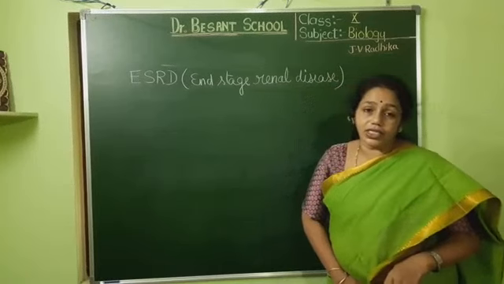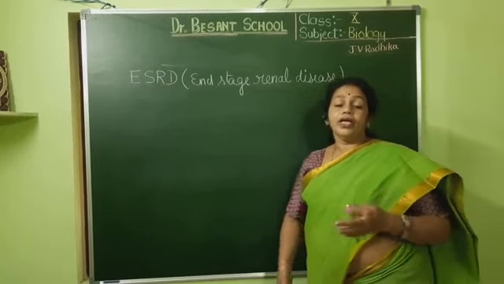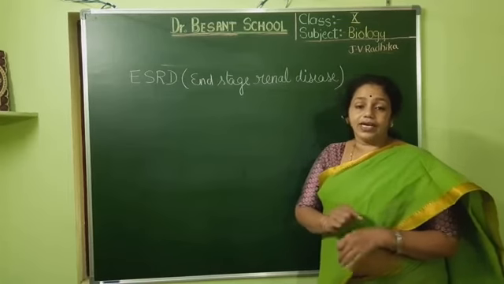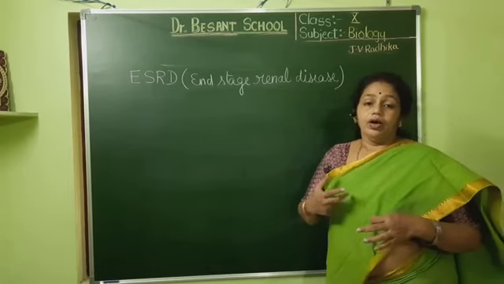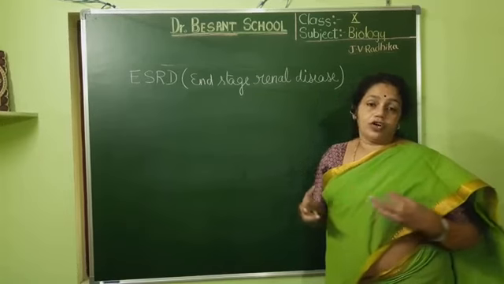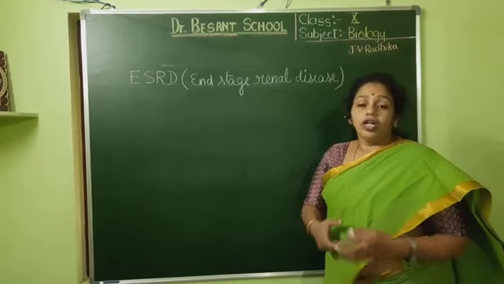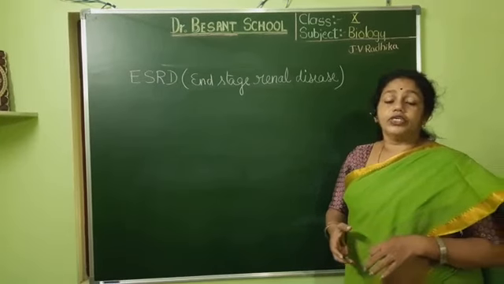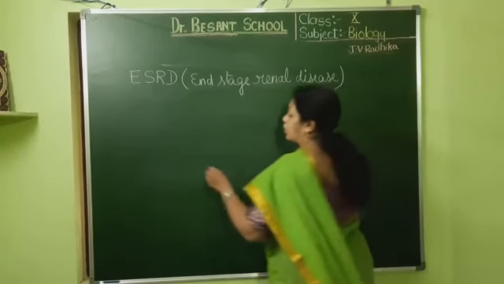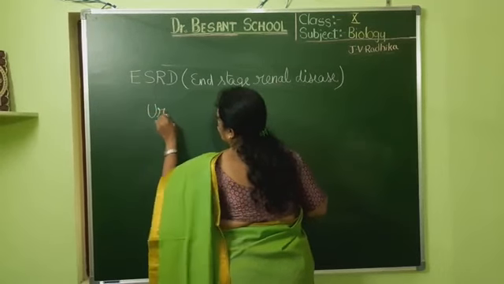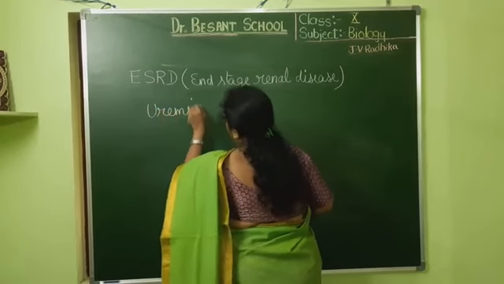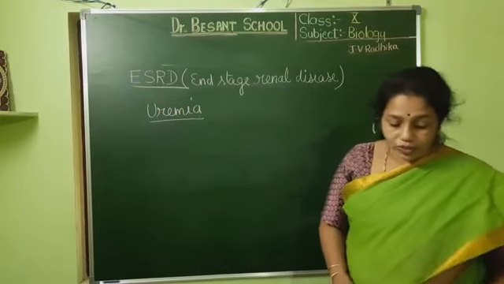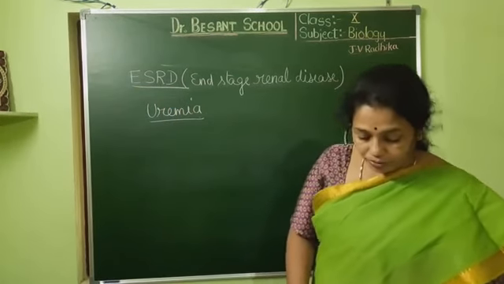In this condition they suffer from accumulation of fluids in the body; the legs and hands are quite swollen, and they are very weak and not able to carry out any work. Such a condition where all the waste accumulates in the body is called uremia. Both of them you have to remember.